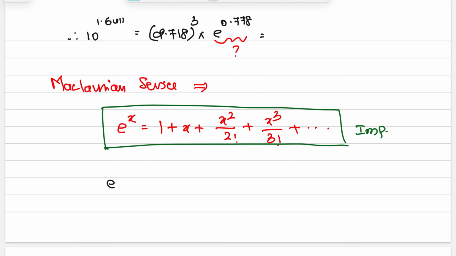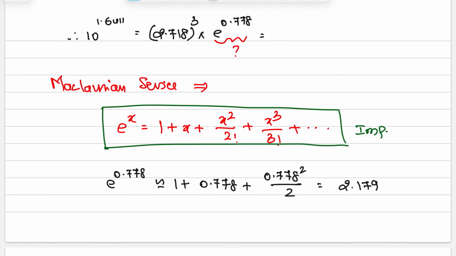Then e to the power of 0.778 will be approximated to 1 plus 0.778 plus 0.778 whole square by 2, which will be equal to 2.1790, let us say.